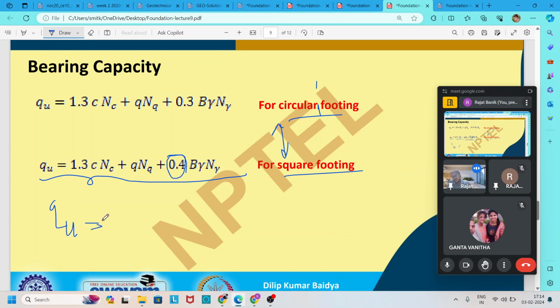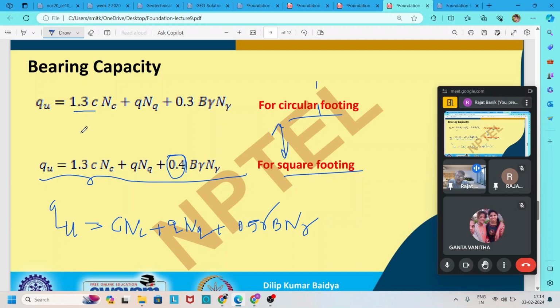Ultimate bearing capacity for strip footing is cNc plus qNq plus 0.5, that means half, gamma B N gamma. So we need to check the coefficients here for circular and square footing.